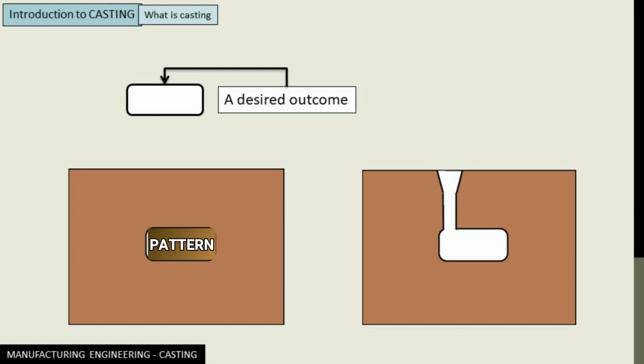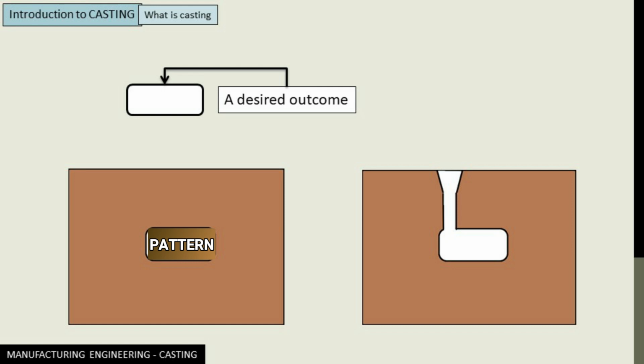This is a very similar representation, a demonstration of the casting process. When we proceed further in the course, you will get to know each and everything in much more detail. This is the very basic explanation. Now, this cavity has been made with the help of a pattern.